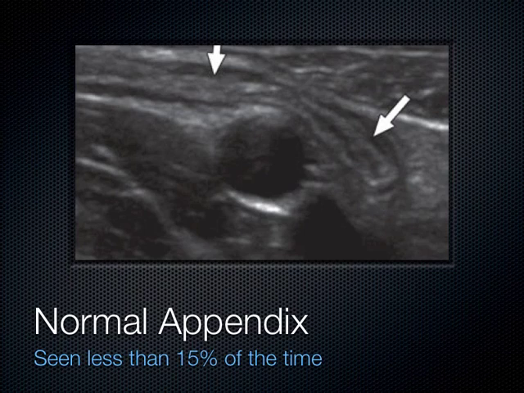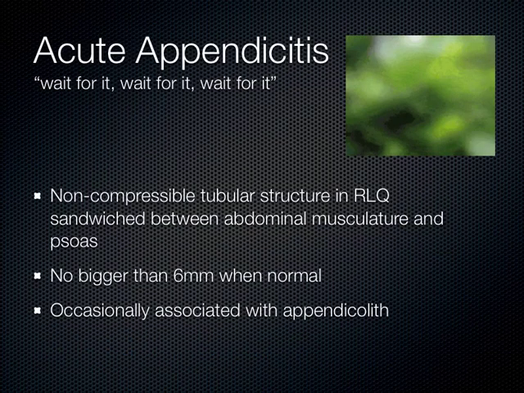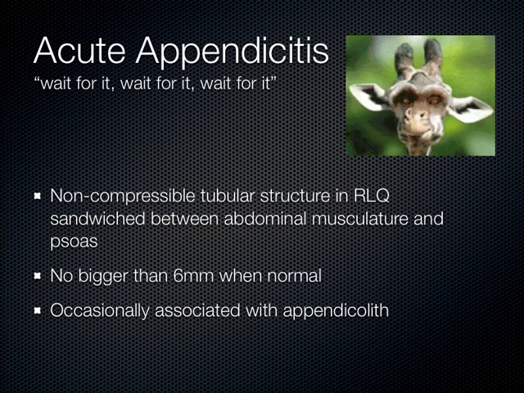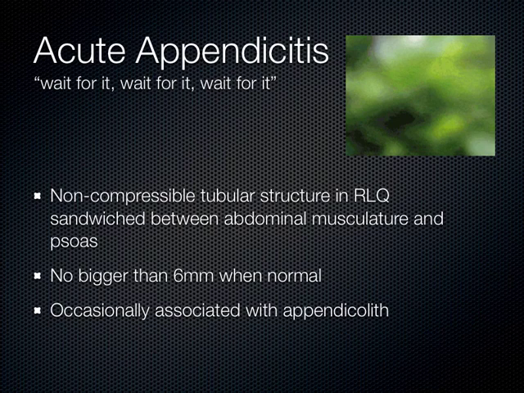Now, when you look for the appendix, what you're doing is searching around for that non-compressible tubular structure in the right lower quadrant that gets sandwiched between the abdominal musculature and the psoas muscle. And you're kind of waiting for it, and all of a sudden you get lucky and it pops its head out at you. And then as fast as it does that, it's gone again. And you end up like, whoa, wait, did I just see it?